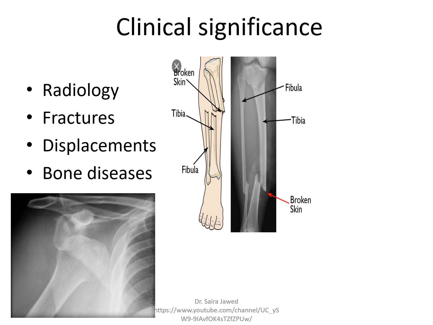For example, in this radiograph, you can see the shoulder dislocation, and certain bone diseases and their locations can be identified if you know the markings or impressions or parts of the bones.